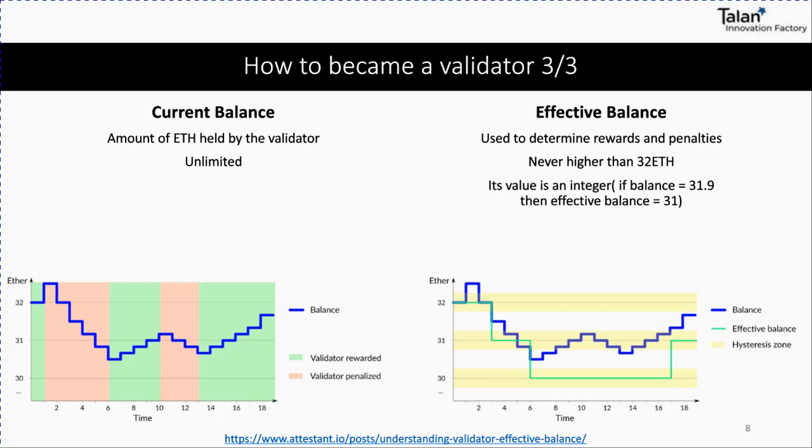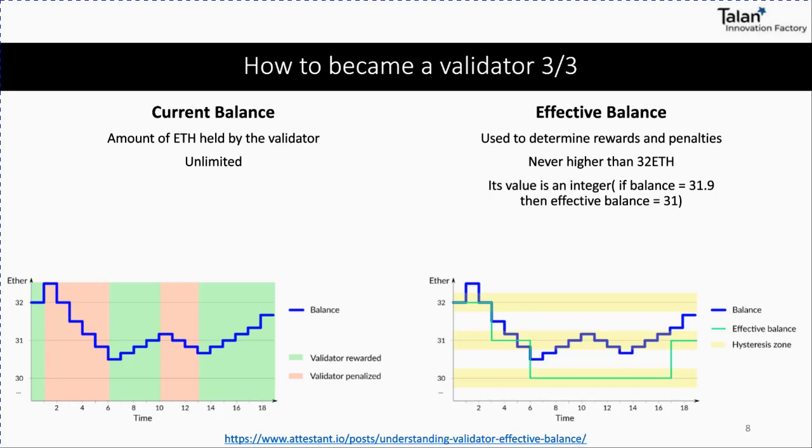This is done through two main options: the current balance and the effective balance. The current balance is exactly what you have as balance, like the money you staked. It's unlimited, because even though you only need 32 Ether to activate a validator, you can send any amount you want.